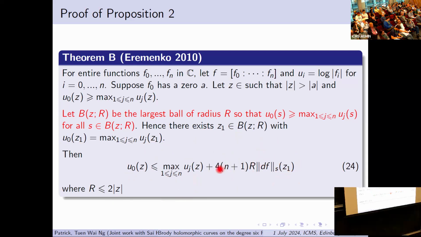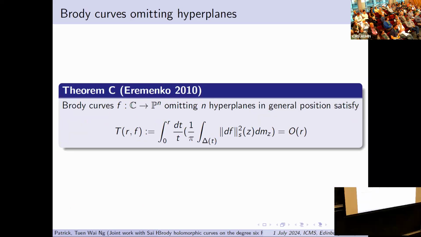The factor is 4(n+1) multiplied by this capital R. And this capital R is the radius of this largest ball, and it has this estimate: it is less than or equal to 2|z|. So this is a powerful result. You will see how to make use of it later on. Eremenko makes use of this result to prove the following theorem.